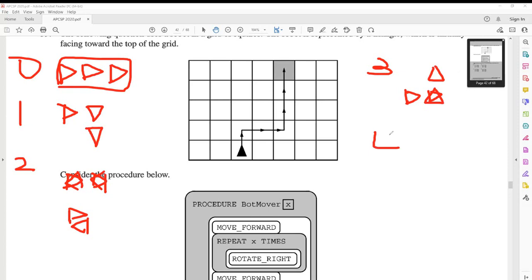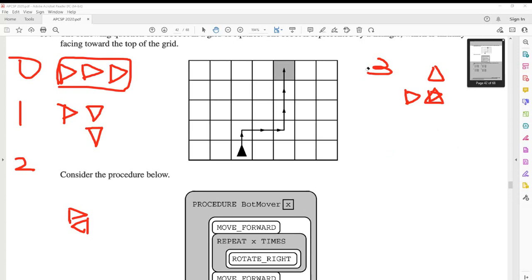Okay, this is 3. You have 4. You move forward and you rotate 4 times. So 4 times, 1, 2, 3, 4. So with 4, you go back to 0. So basically 4, you do not need it. So for 1, 2, 3, 4, we take modulo, you should be able to get the result.